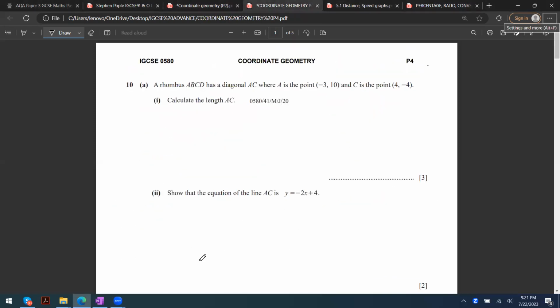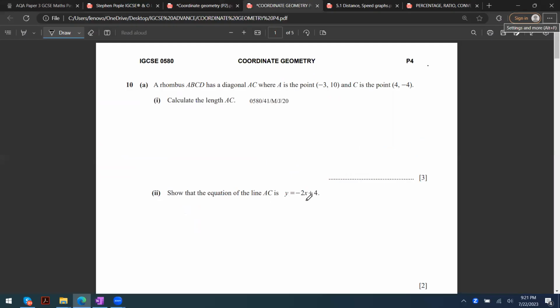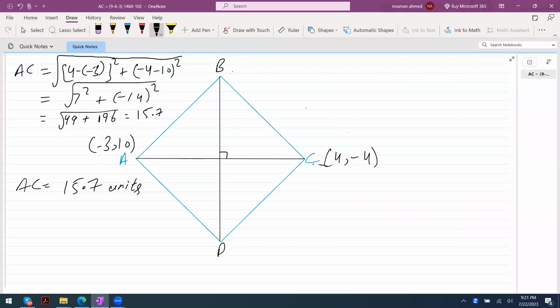Okay, anyhow, now we need to find the equation of AC. Equation of AC, what can we do? Find the gradient. For the AC equation, obviously y is equal to mx plus c. M is the gradient, c is the y-intercept.